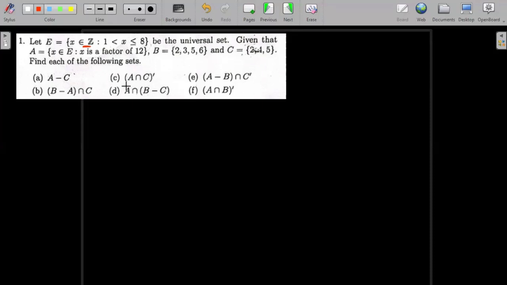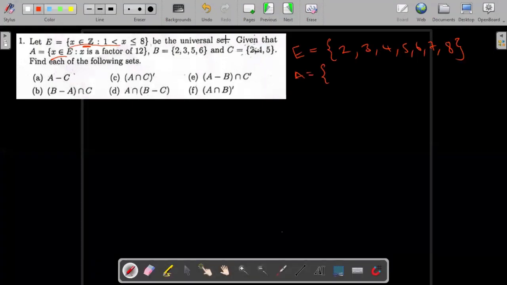So I'll list down these sets because some of them have just been written in set builder notation and statements like that. So how do I write the first one? With the universal set, they've told us that it's given by that set builder notation there.